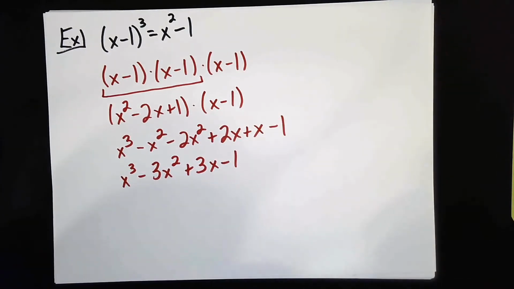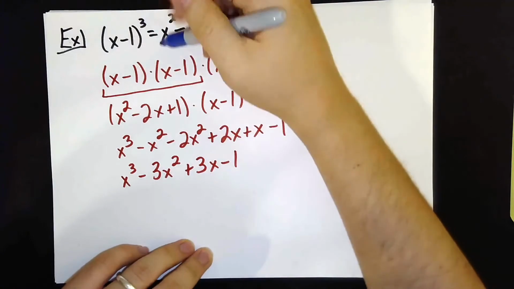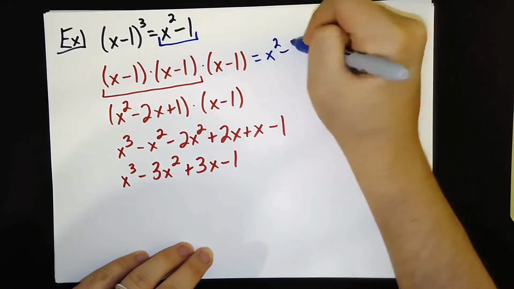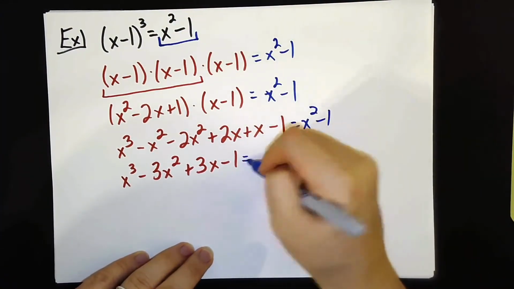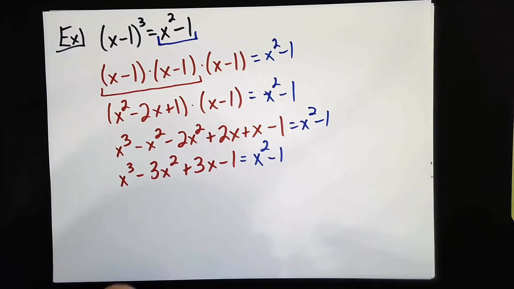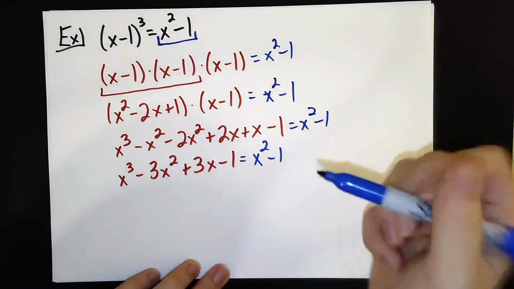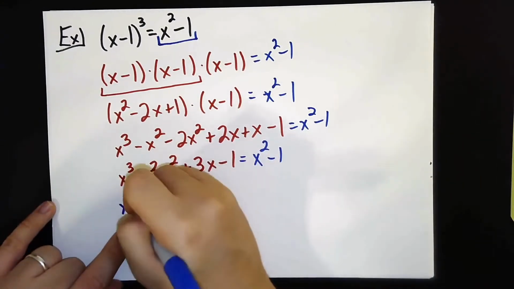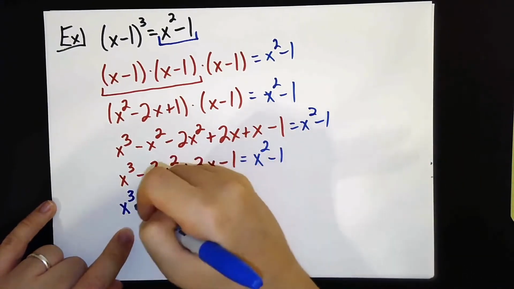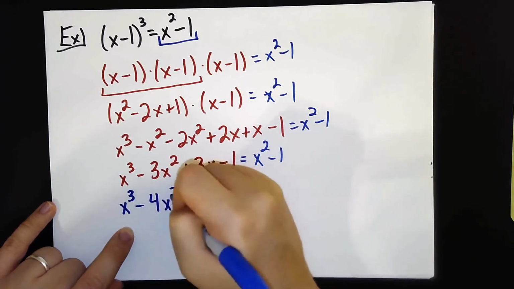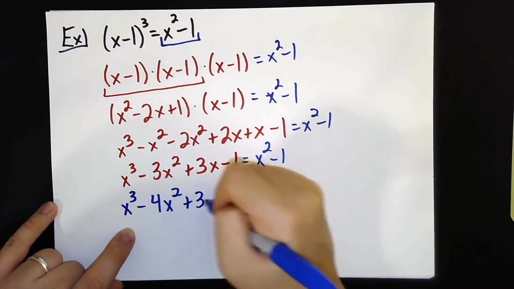Now, so far I've only been looking at the left-hand side, so this x squared minus 1 is just sort of going to live on every line here. But now I can go ahead and move this x squared minus 1 over to this side. So that'll give me an x cubed minus 4x squared plus 3x.